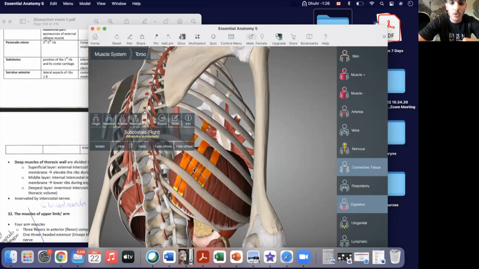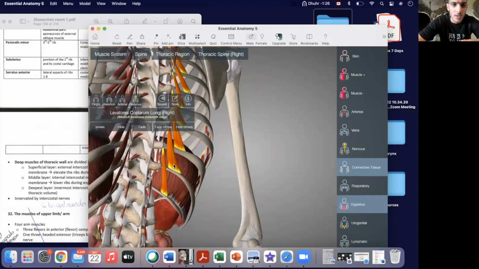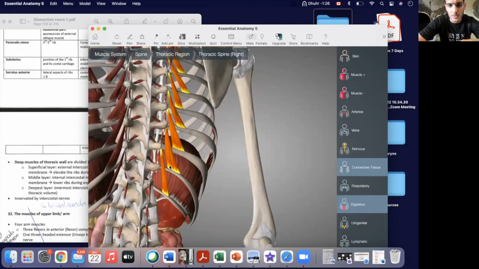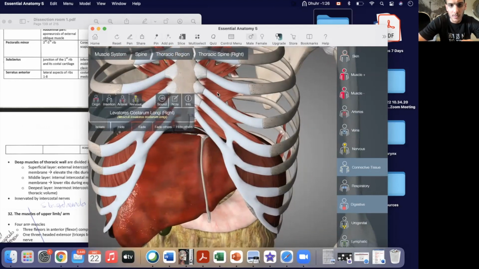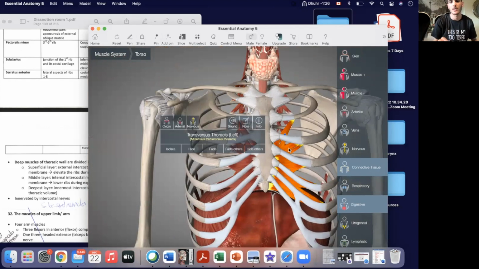So you have subcostalis, and then you have the levatores costarum and the transversus thoracis. These are sufficient. You don't really need to know exactly the origins and stuff like that, because Sersky did not teach us this, but it's nice if you know them.